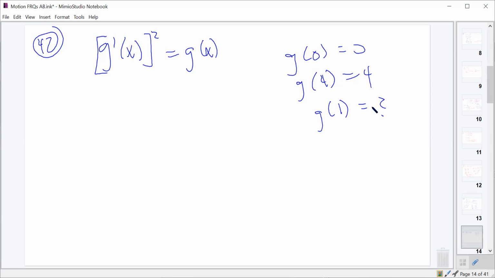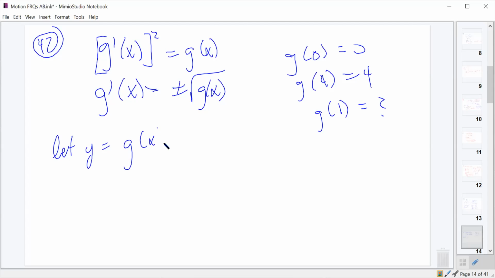Again, what I'm going to do is say that g prime of x equals the positive or negative square root of g of x. And then, just to get some easier looking variables in here, let y equal g of x.